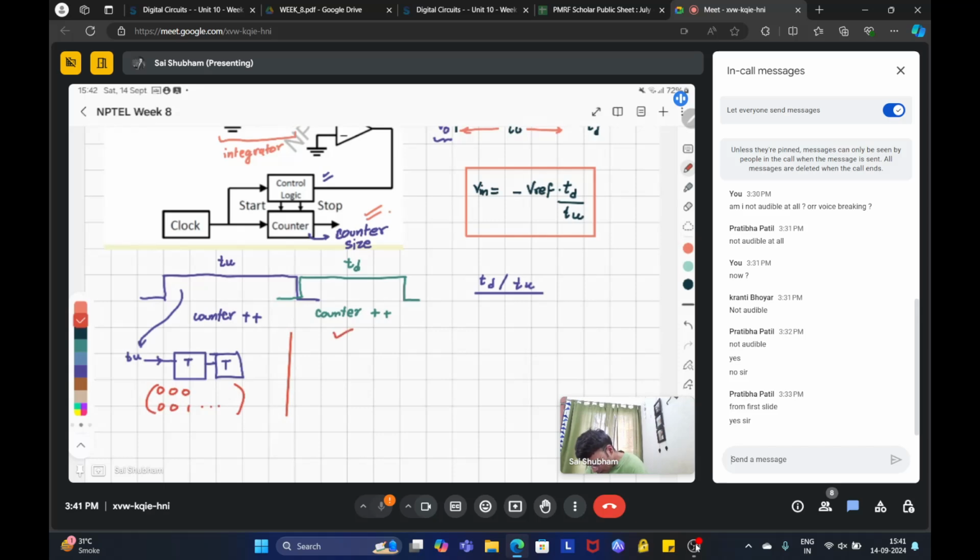Similarly, you will have the TD value as well. Let's call it counter TD. Here you have counter TU, and then you will have a divider circuit, and then you will get your V in input.